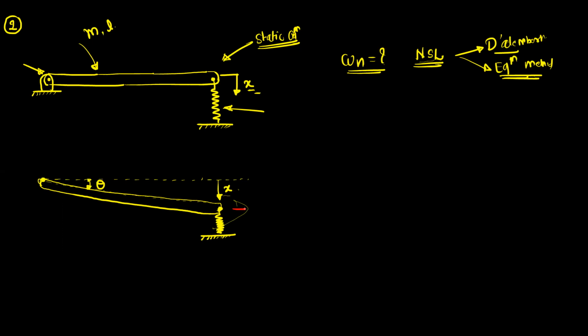So it provides the restoring force in the upward direction, opposite to the displacement x. This line represents the line of action of that restoring force offered by the spring.